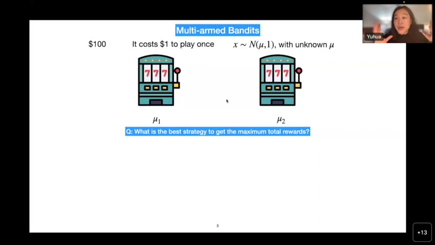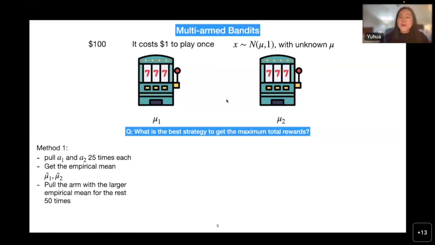Think about this problem. You're probably going to come up with a very naive strategy, which is we pull each machine 25 times, and then we get empirical means, mu1 hat and mu2 hat. Then we pull the machine with the larger empirical mean for the remaining 50 times.